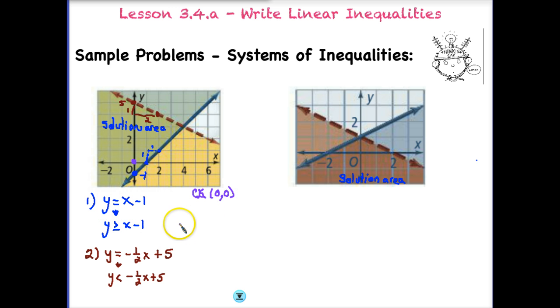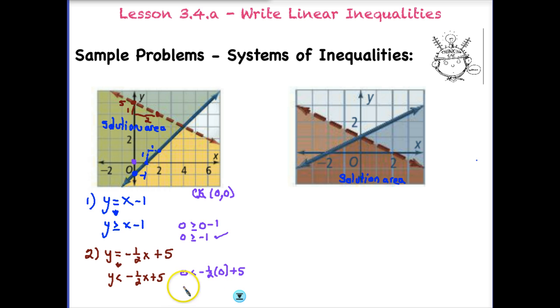So let's test it in this bottom one. What I get is 0 has to be greater than or equal to 0 minus 1. Well, 0 is in fact greater than or equal to a negative 1. So that checks out. Now let's check it in our bottom equation. 0 is less than negative 1/2 times 0 plus 5.